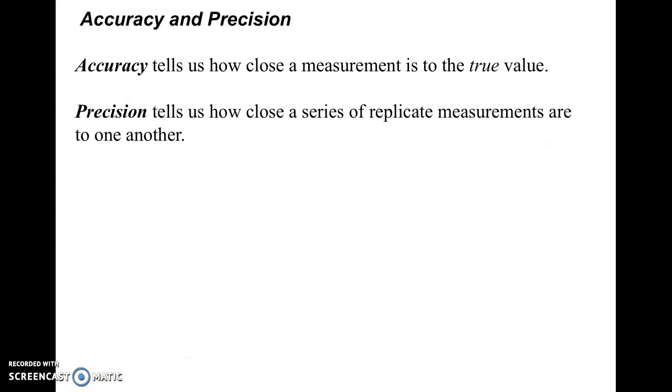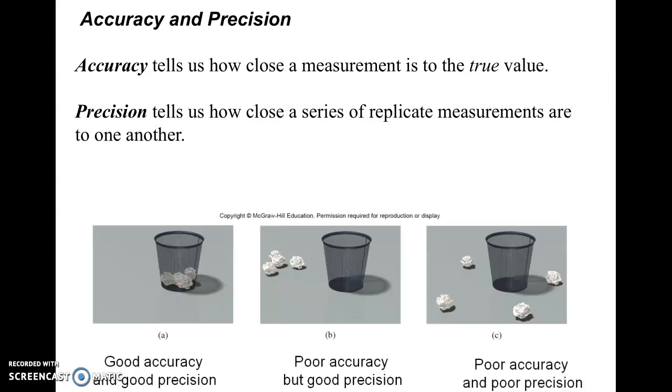All right, so the other thing about measurements we need to know is their accuracy and their precision. And these are terms that are kind of confused in the common vernacular, but accuracy is telling you how close you are to the true value, whereas precision tells you really how good your measuring methodology is. And if all of your answers are really close together, then you have a very precise measurement.